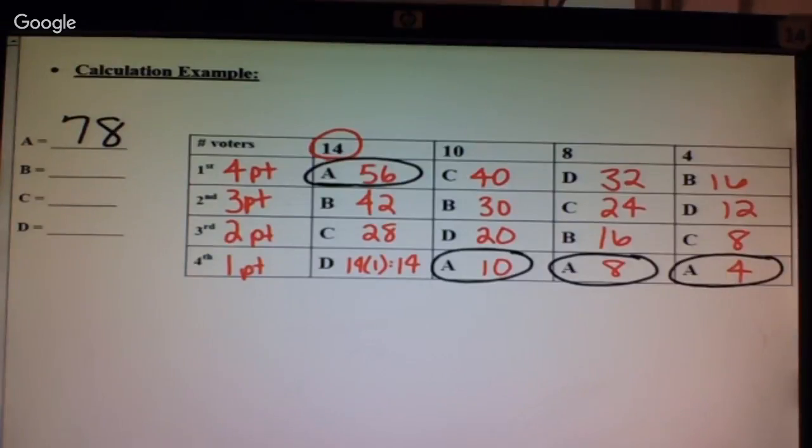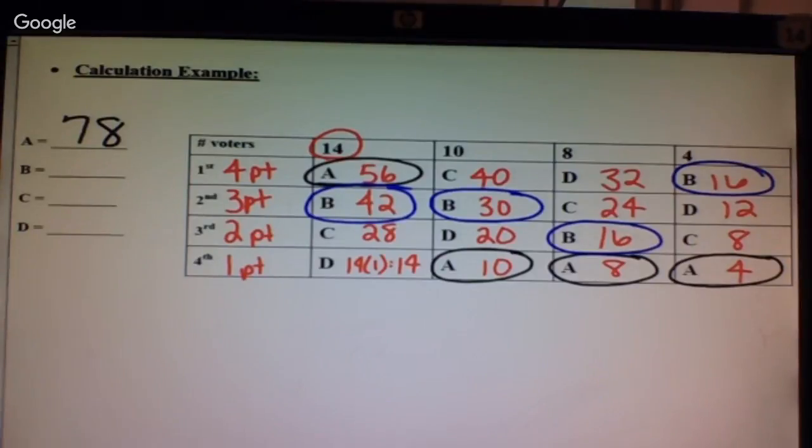You're going to do this with each candidate. So B has 42 points and 30, 16, and 16. Should have your calculators. 84.